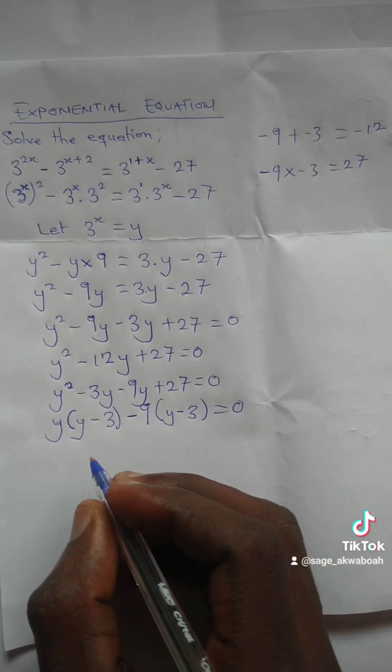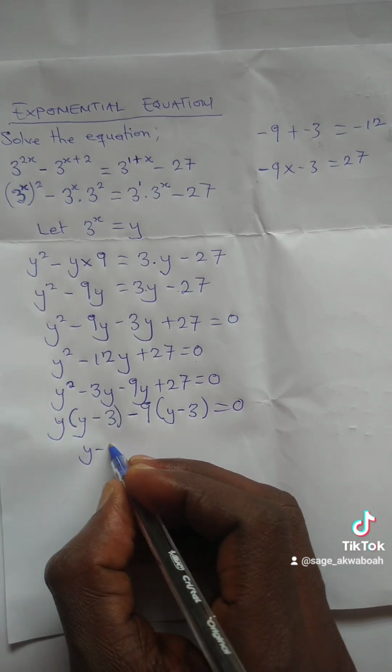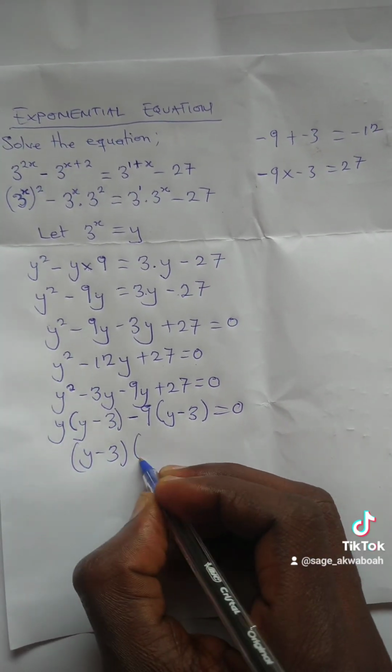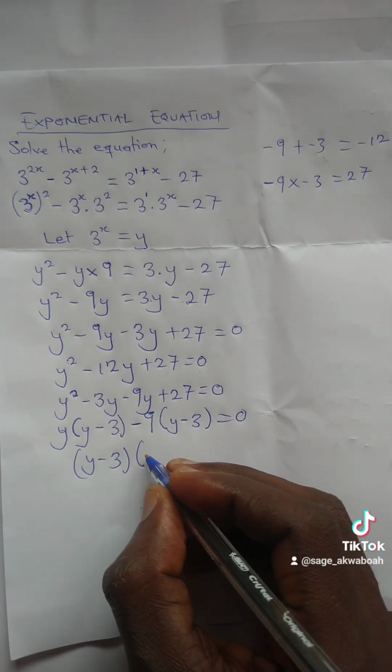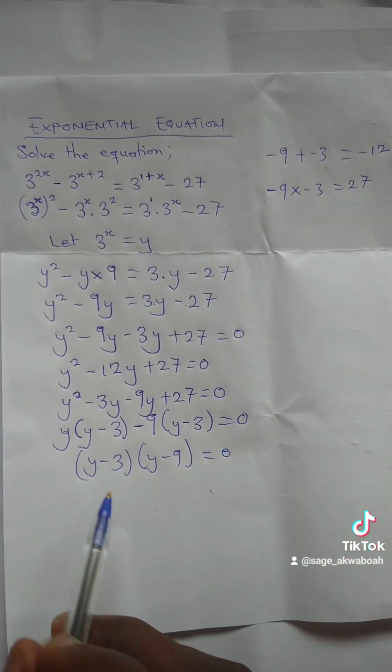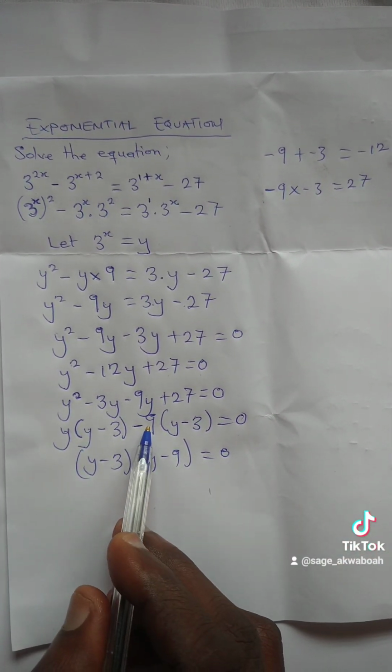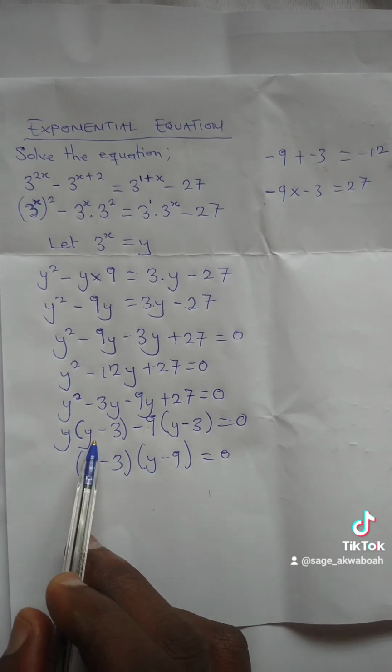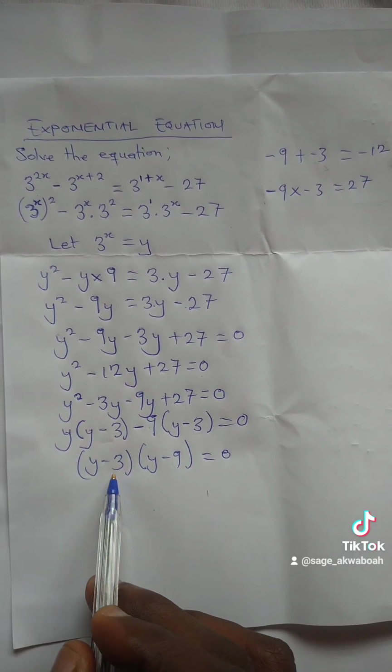Okay, so we pick one of the same brackets, and then we pick the terms outside the bracket, equals 0. So y and minus 9 is what we have here, and then we pick one of these here.